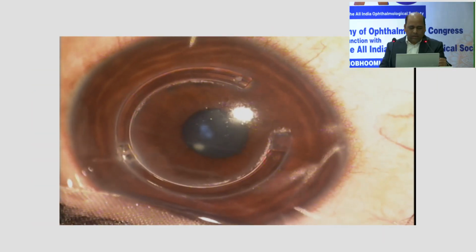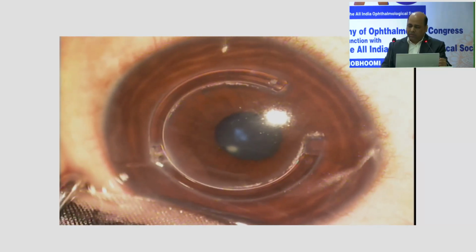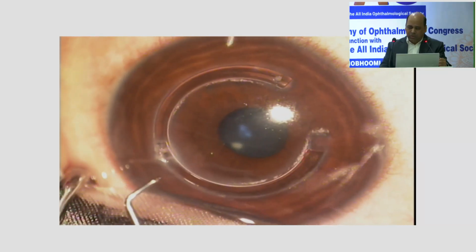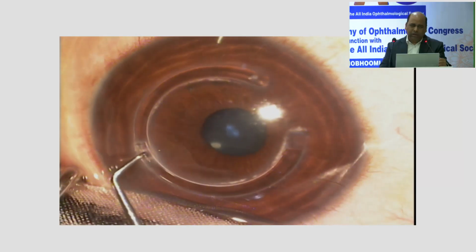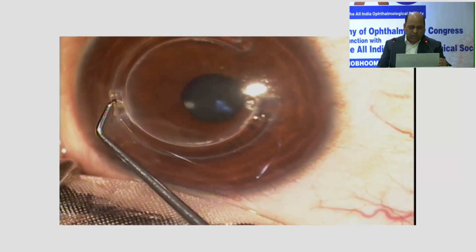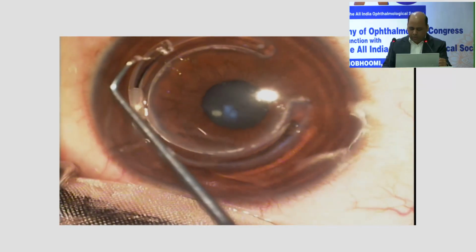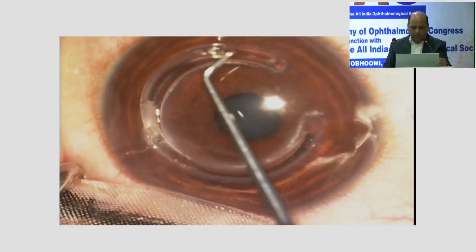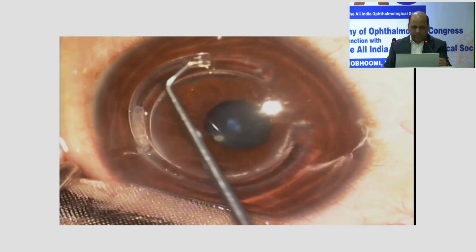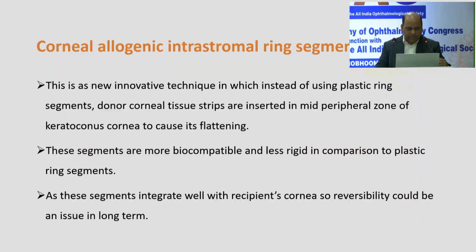And this is another case in which the ring has migrated outside the incision, and it needs to be explanted. Explantation is very easy again. You have to take a dialer or any such instrument and put it in the dialing hole and take it out along the direction of the placement of the intacts. So it's removed like this.